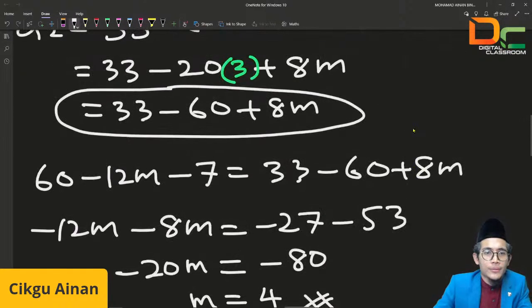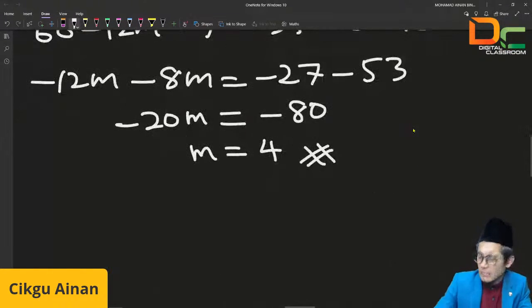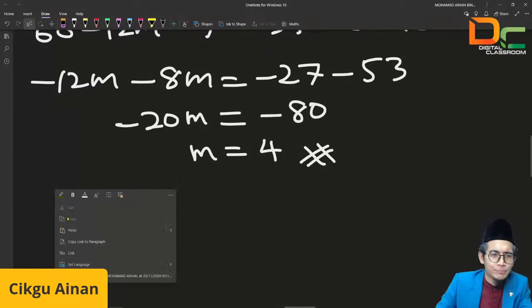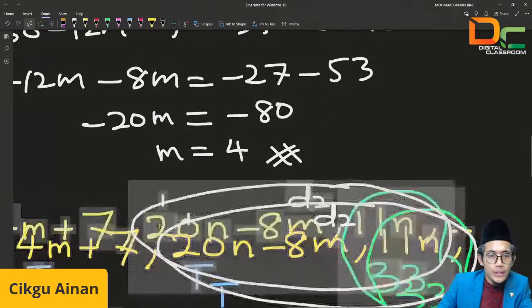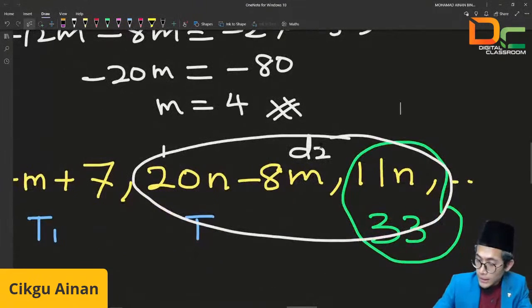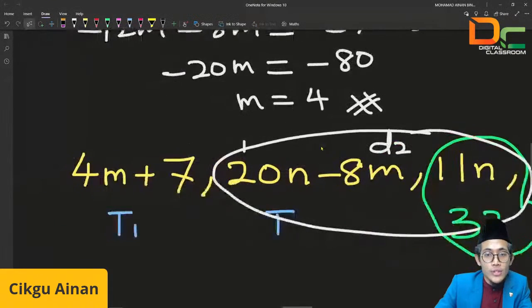Kita substitute to see the sequence clearer.